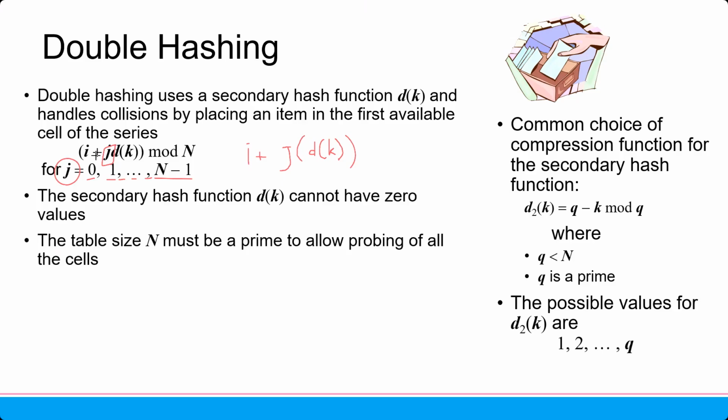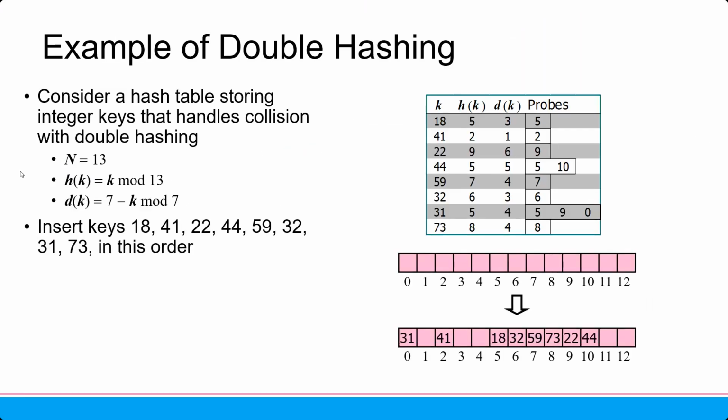If we say I is 0, then we have (I plus J times the decay) mod n. So we want to get the J at the first time. When J equals 1, we get 5, which is not possible.